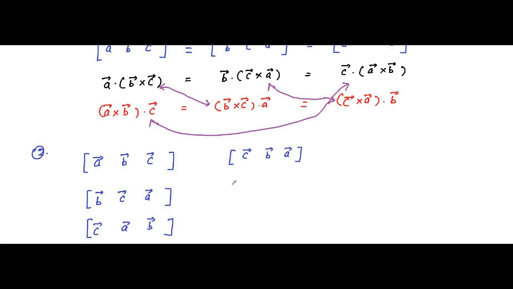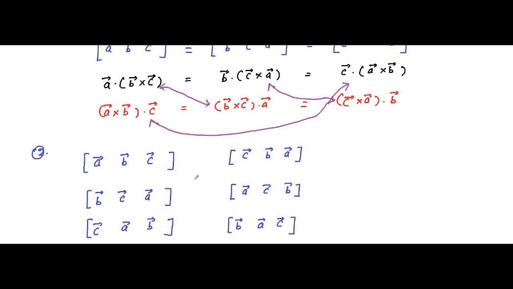Here we write it as A vector, C vector, and B vector, and here as B vector, A vector, and C vector.